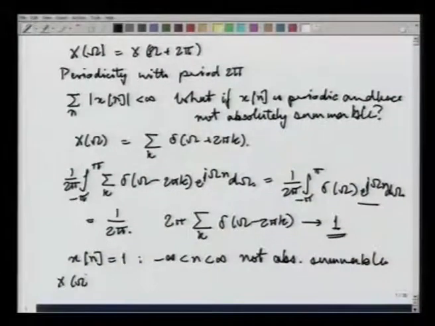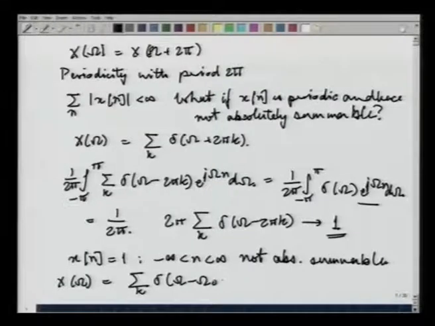Now, let us take a more general example by not taking an impulse or a train of impulses located at 2 pi k, but at some arbitrary position omega equal to omega naught minus 2 pi k. So, we will take, let us say, X(omega) equal to summation over all k delta(omega minus omega naught minus 2 pi k). What do we get when we find the inverse DTFT of this function?